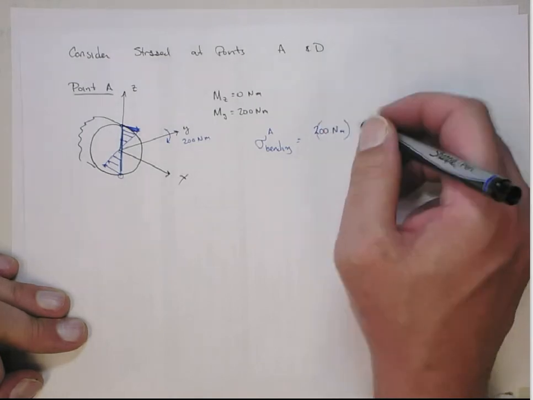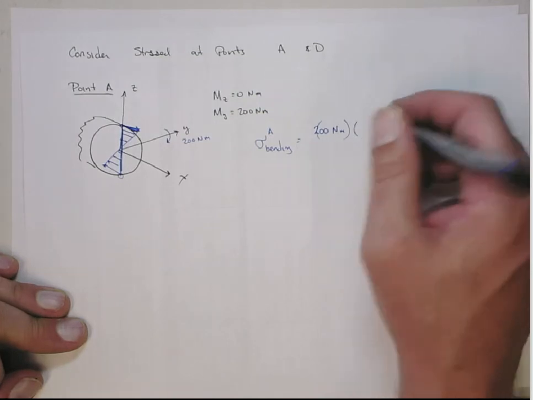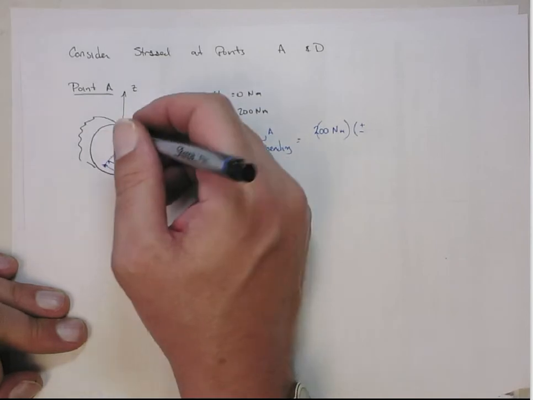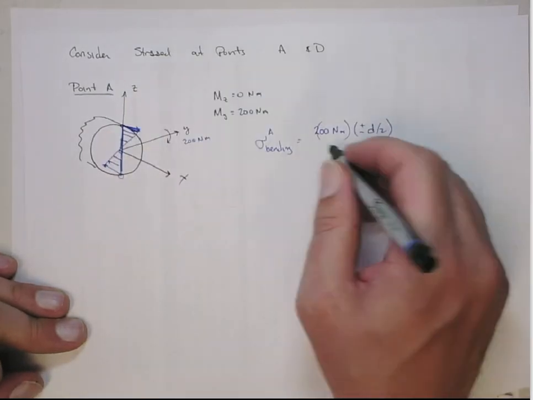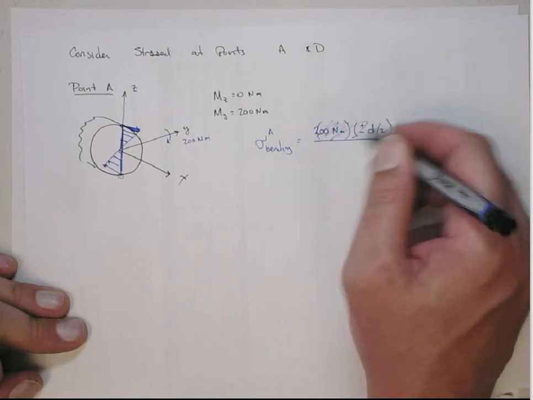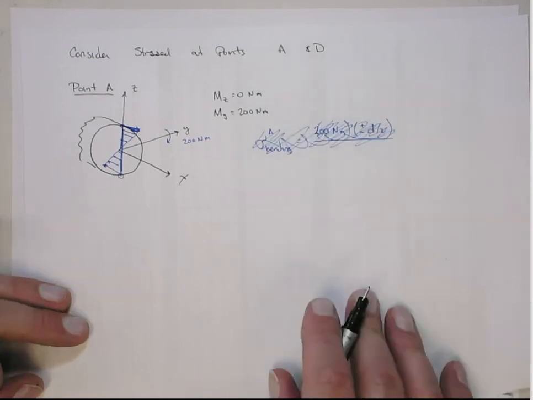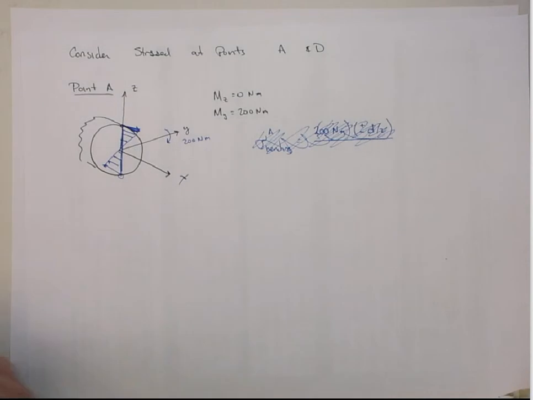The greater outer fiber distance is from here to here, so that's going to be plus or minus the diameter on 2. Oops, I'm sorry, this is a design problem. Okay, so here's where the maximum stresses are going to occur. All right, so now we can design the diameter.